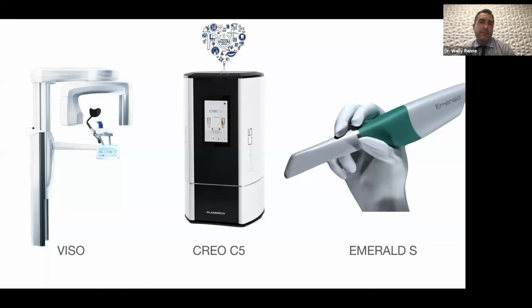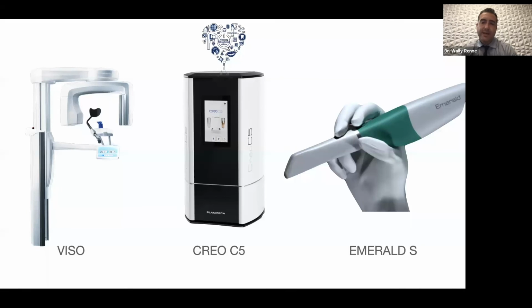But what a lot of people don't know is that they also have some other phenomenal hardware, including a really cool printer and a very phenomenal chairside CAD/CAM system that includes a scanner and a mill. Today we're not going to really talk much about that, but what we really are going to spend a lot of time on is the software that glues all these different hardwares together.